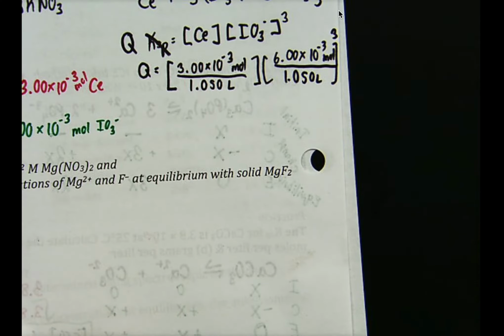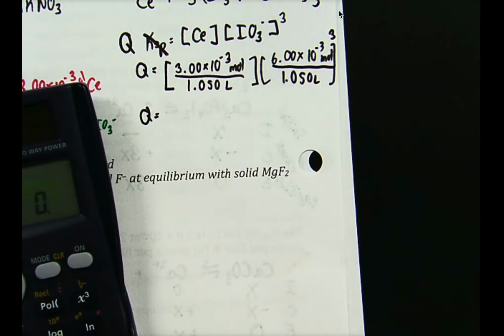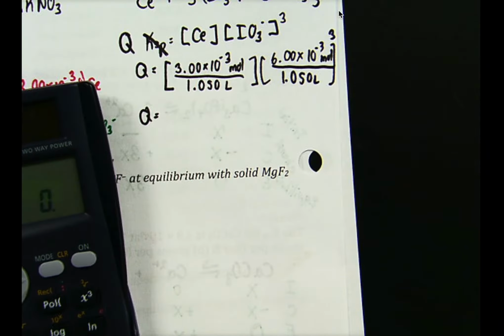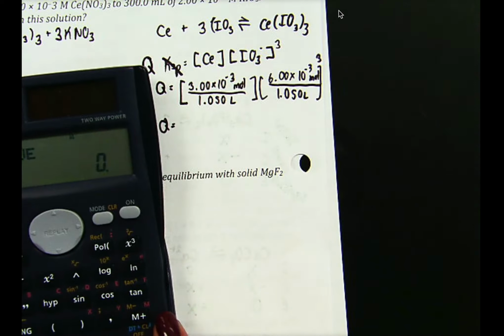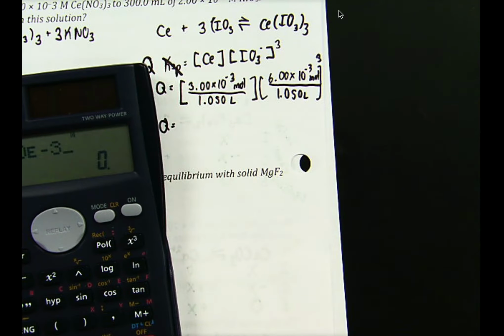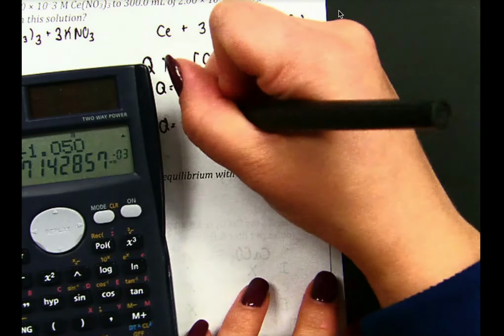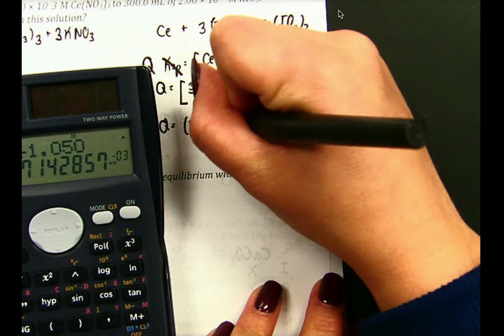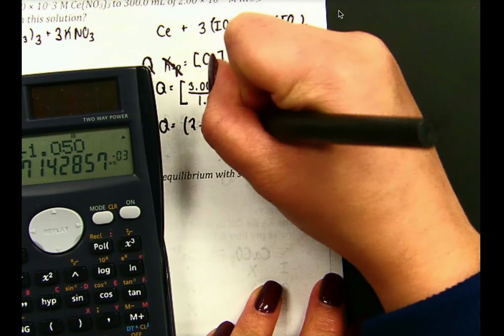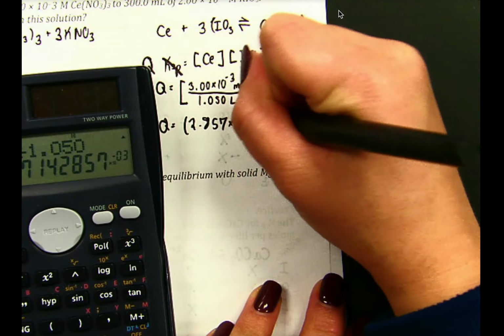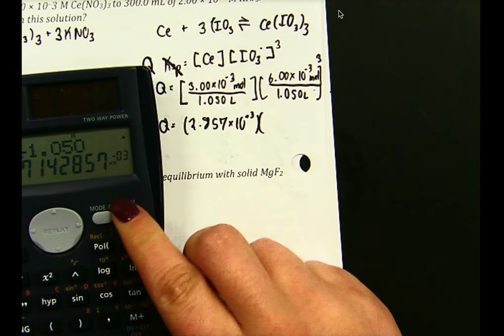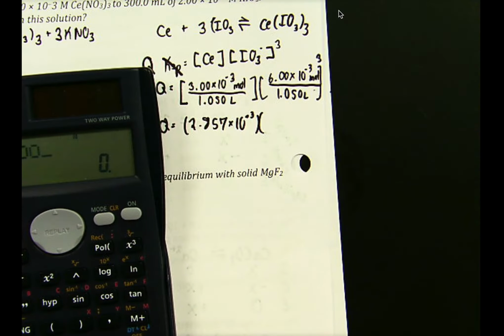Okay. So lots of calculator stuff. So Q equals 3.00 times 10 to the negative 3 divided by 1.050. Okay, so we got 2.857 times 10 to the minus 3 times, okay, we have 6.00 times 10 to the negative 3 divided by 1.050.